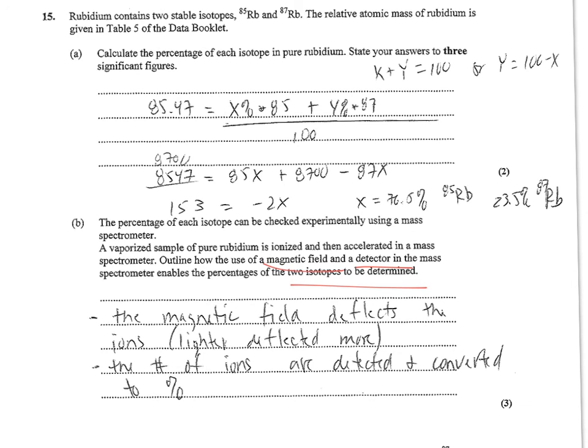The light ions get deflected more or bend around the curve better. The heavy ones don't bend as well or deflect as much. And then the detector converts all the hits of those isotopes banging into the wall into an electric signal, and that's where they come up with the percentages. They look at how many isotopes are hitting where on the machine and convert that into the percent abundance.